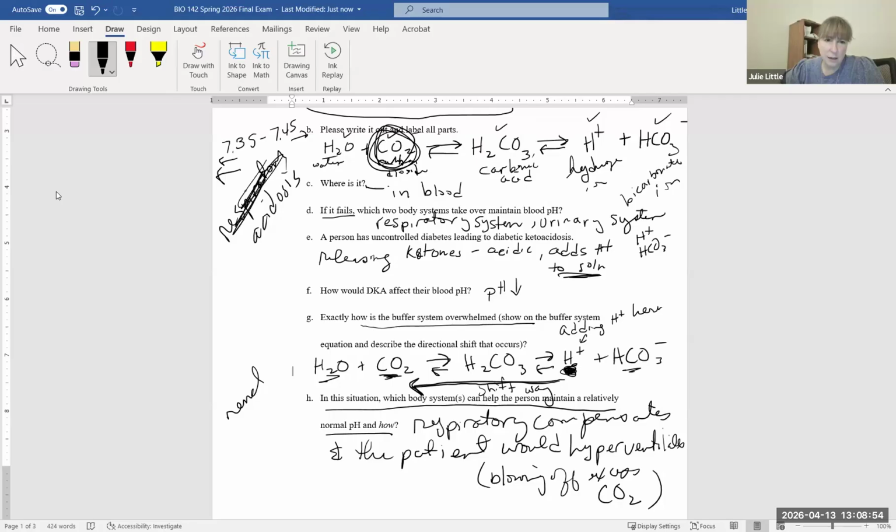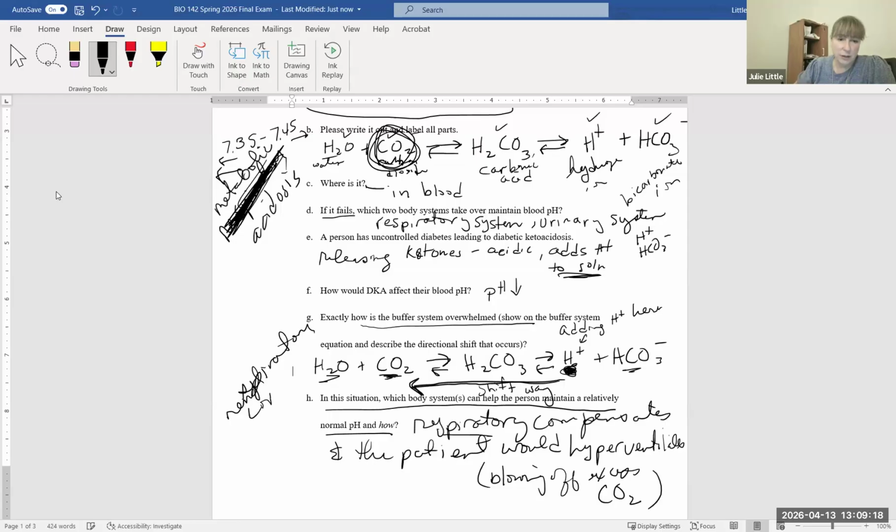Sorry, I am totally on the wrong thing. If it wasn't your respiratory, I saw that carbon dioxide. If it was something other than the respiratory system, please just take that out of your mind. Diabetes is considered a metabolic acidosis. And who do we have compensating for this? The respiratory system. So that will be a respiratory compensation.